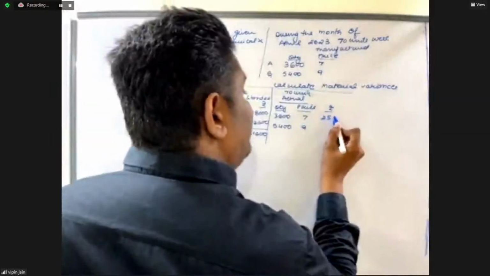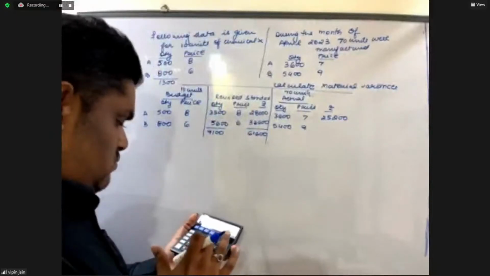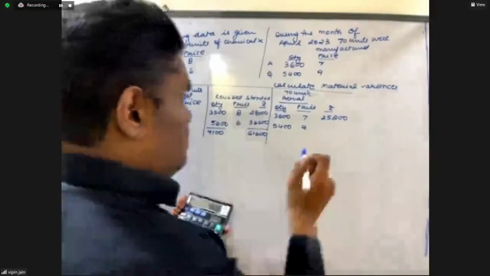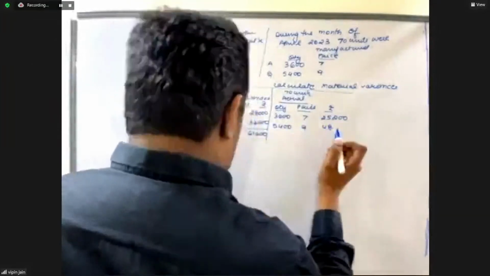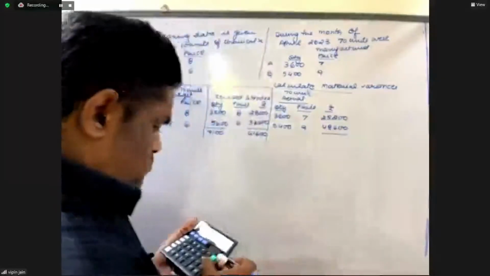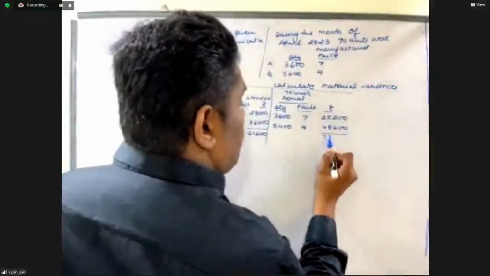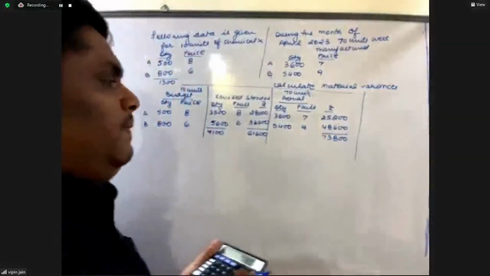This will be 25,200. So this is the master chart.